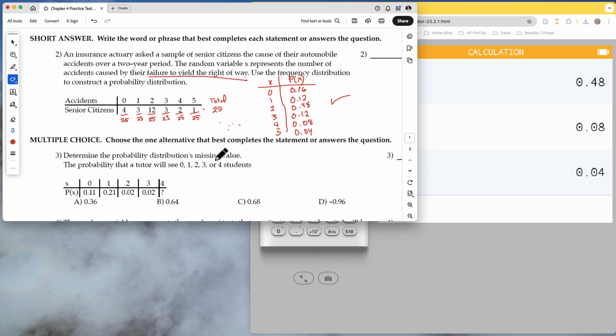Determine the probability distribution missing value, the probability of the tutor will see 0, 1, 2, 3, 4. So the main thing to remember with the probability distribution is the total has to add to 1, 100%, right? So what we do is we add all these together.